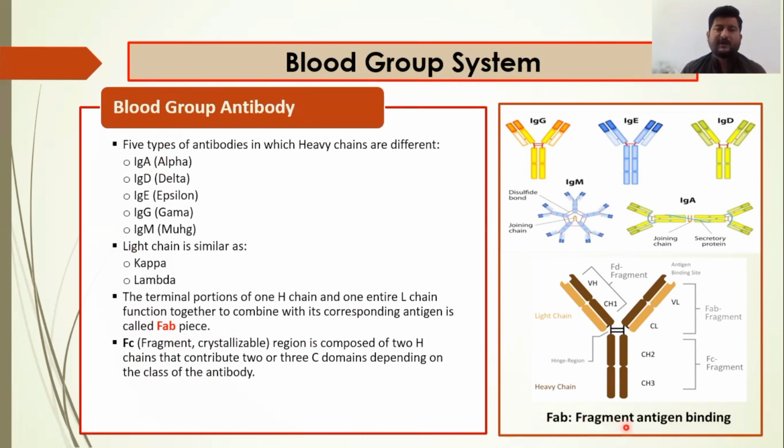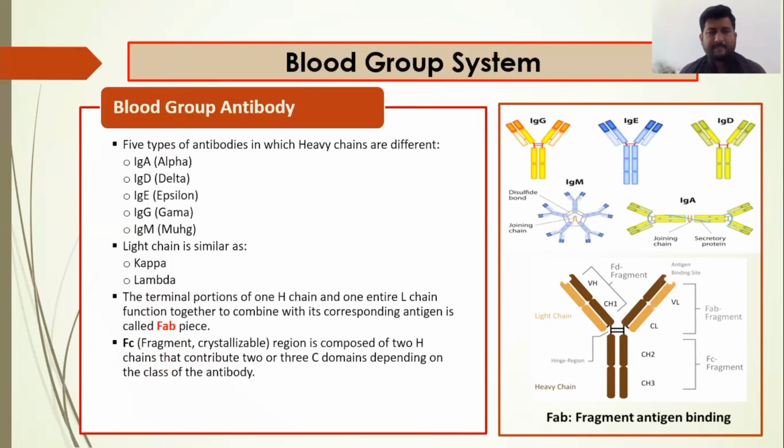This one, the terminal heavy or light, similar in here the heavy and light. So this one is involved for antigen binding. This provides the antigen binding site. So this portion is called Fab, fragment antigen binding.